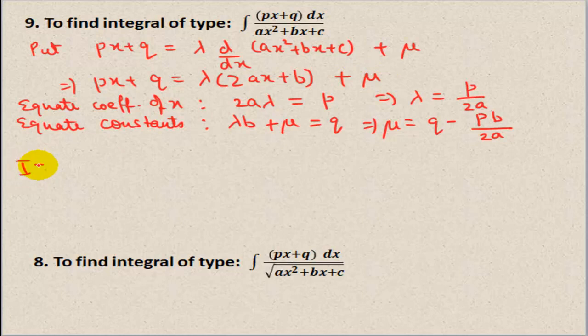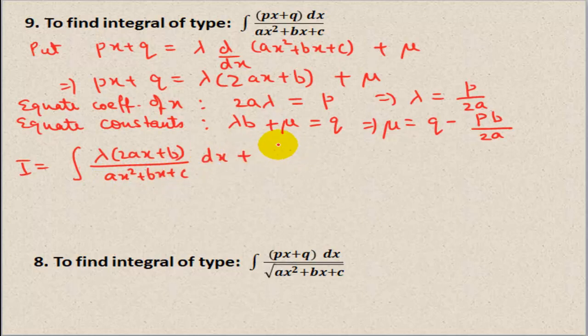See what your integral will be now. Px plus q we will replace with this. So it will become lambda times 2ax plus b over ax square plus bx plus c dx. So I am breaking it into two integrals.